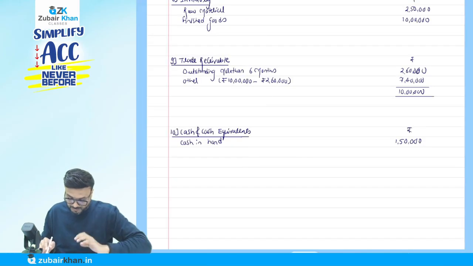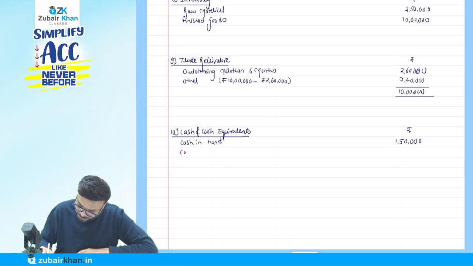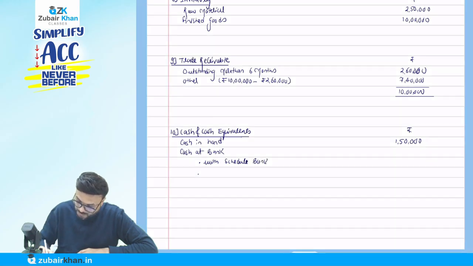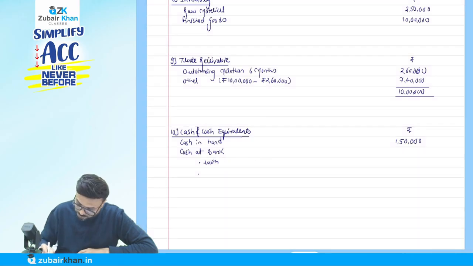So how will we present it? Write down there: cash at bank. How much total balance? First with scheduled bank, then with other bank.